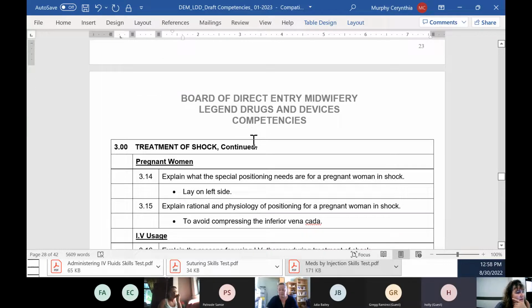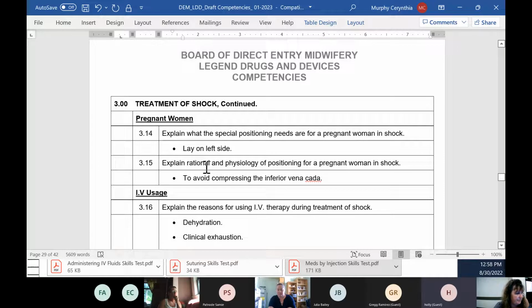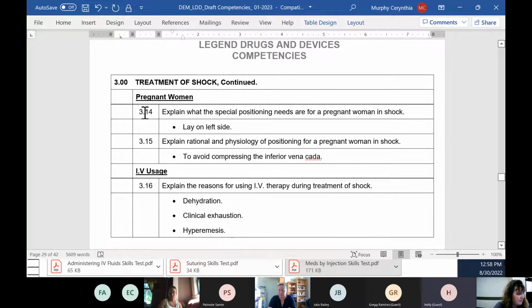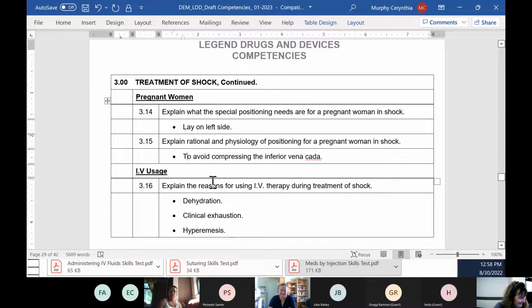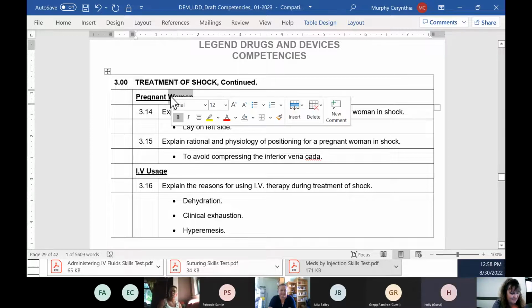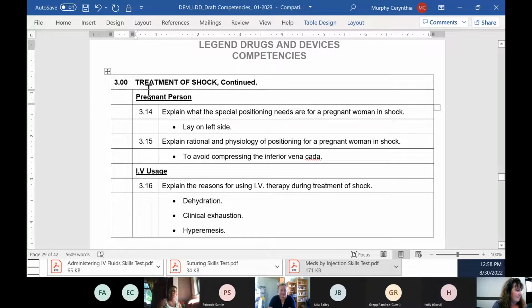We're working on women, define them. What? I like the category name. Pregnant women? Yeah, it's a fun category. I would have called it special positionings for pregnant women, but.